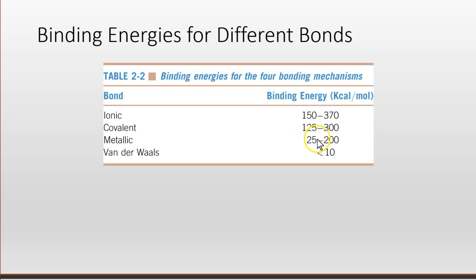Metallic bonds are in the lower range, although the upper part overlaps with that of covalent and ionic solids. The covalent and ionic solids tend to have larger binding energies for their bonds.